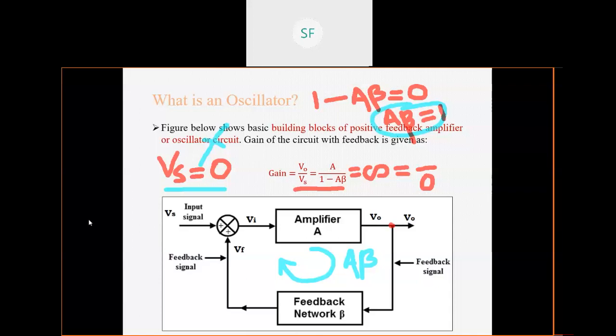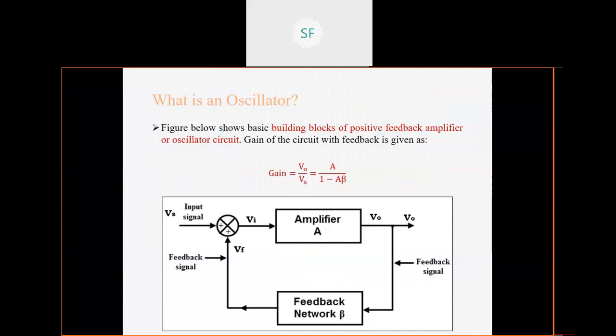If you are confused in this particular slide, I will give you some takeaway points that you should remember. This is the derivation for this particular block diagram. This block diagram is nothing but a block diagram of an oscillator. An oscillator consists of an amplifier and a feedback network.